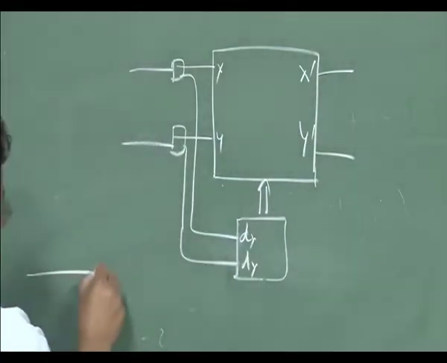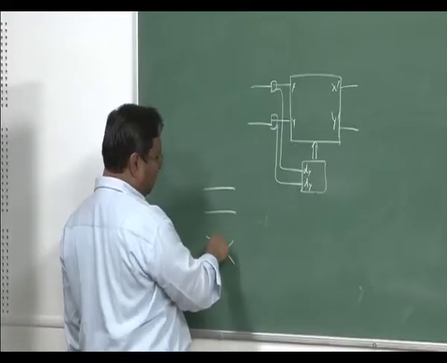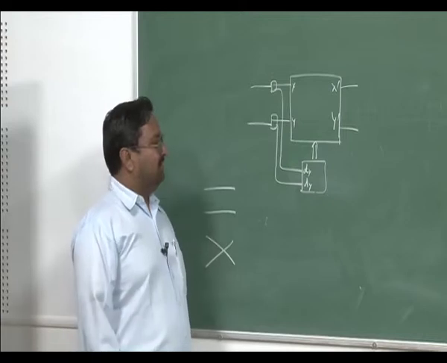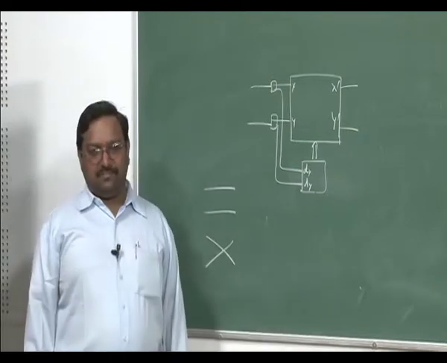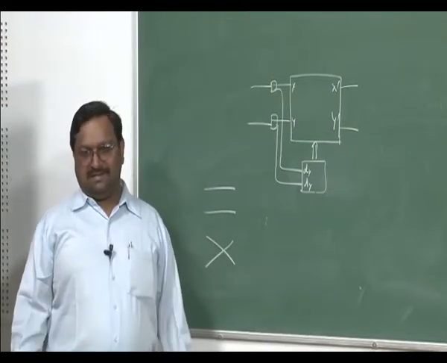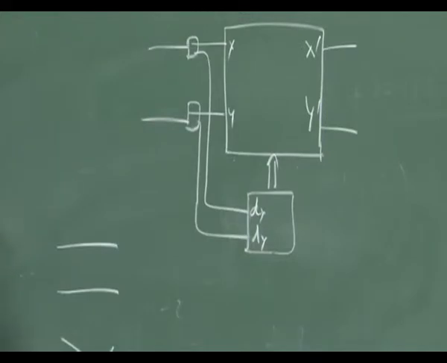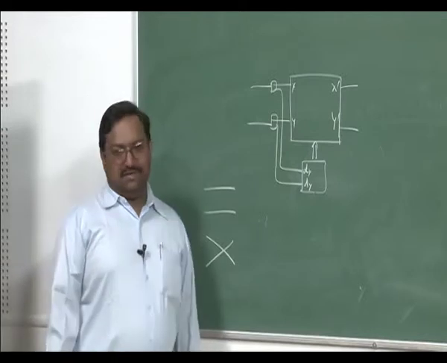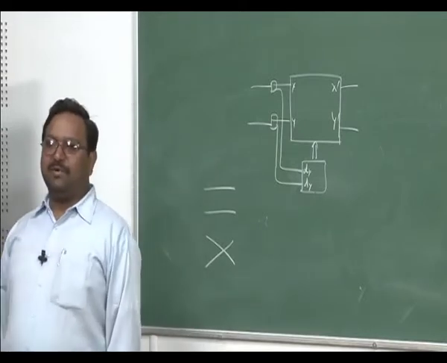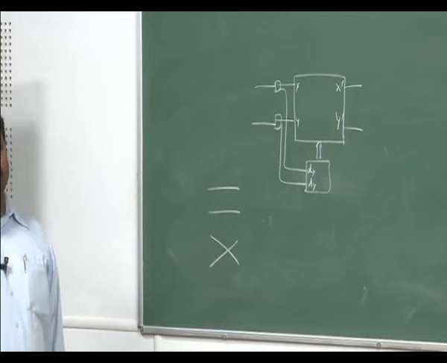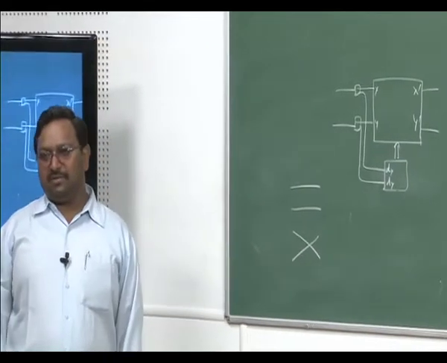If it is in cross state, the mapping is this, and bar is this. So that control has to be exerted. That is it, nothing else has to be done. So if there is a conflict, both of them want to go to the upper port or both of them want to go to the lower port, you just randomly pick one and forget about the other.